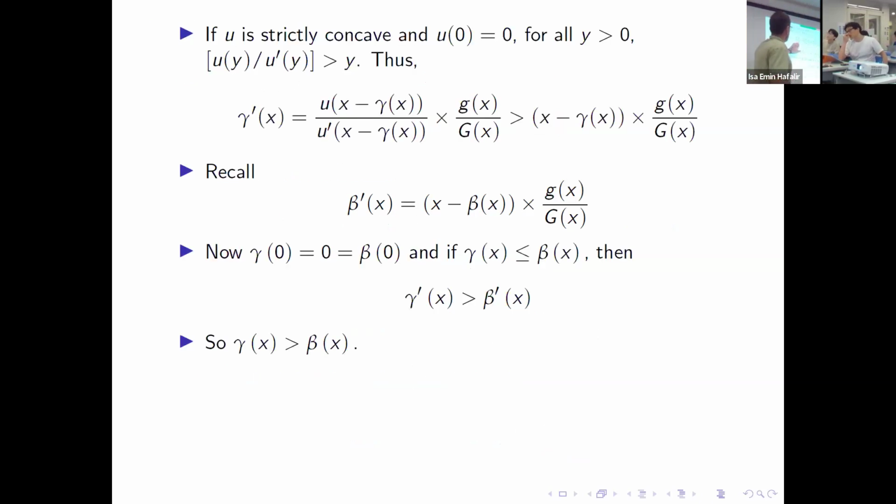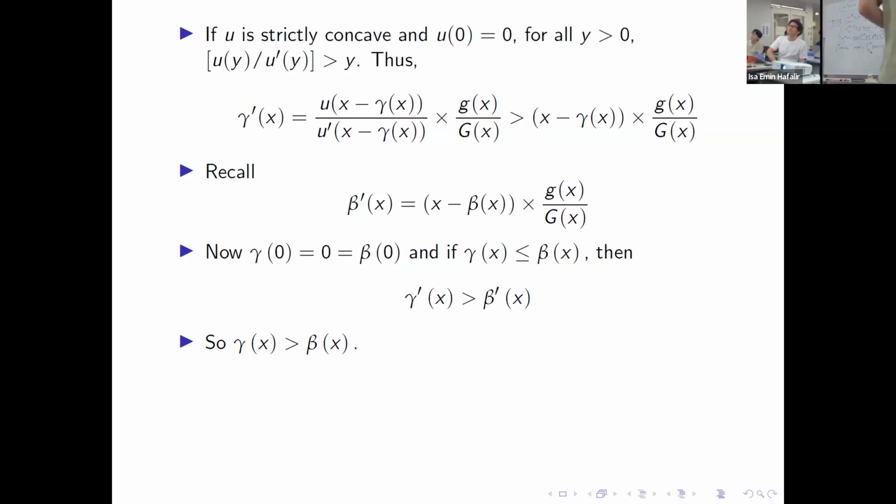This inequality follows from the fact that for any function U that is concave, U of Y divided by U prime of Y is greater than Y. Anybody know why? You can do this in a few different ways.